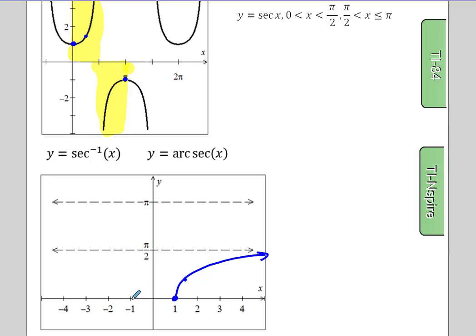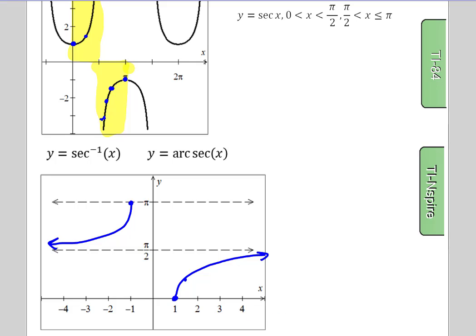So on this inverse function at -1, we have a point at pi. And same way, if I come over here, I'm getting closer and closer to half of a pi as we move to half a pi here. So that piece is going to go that way.